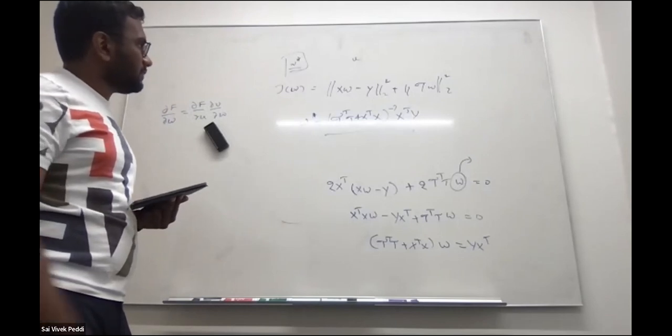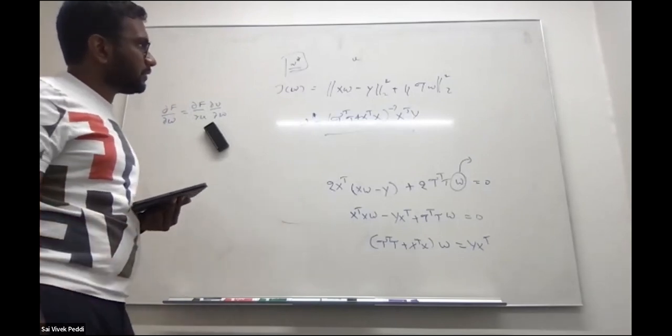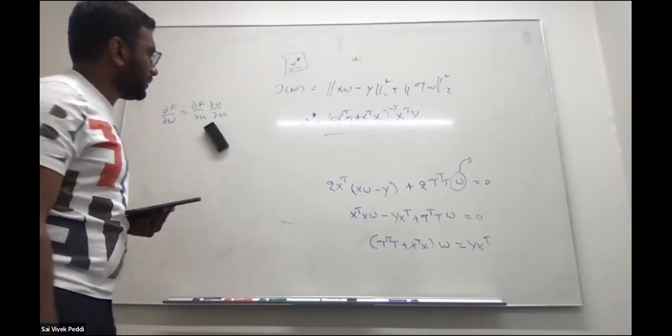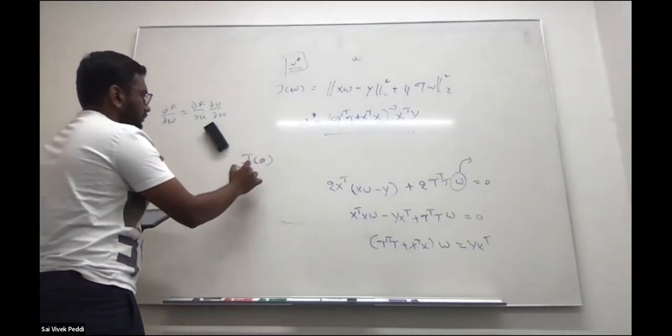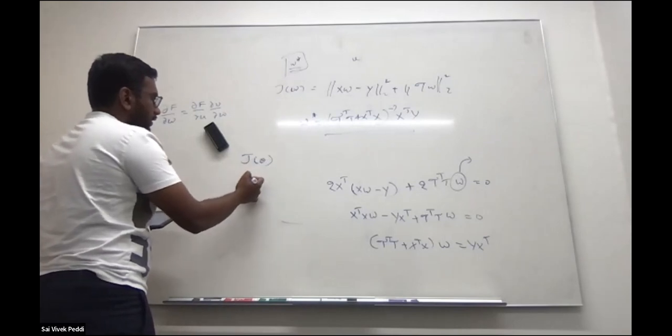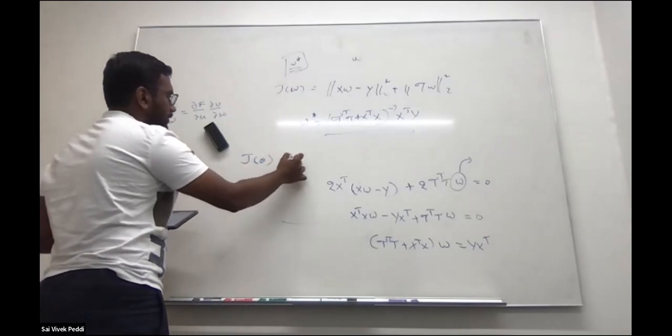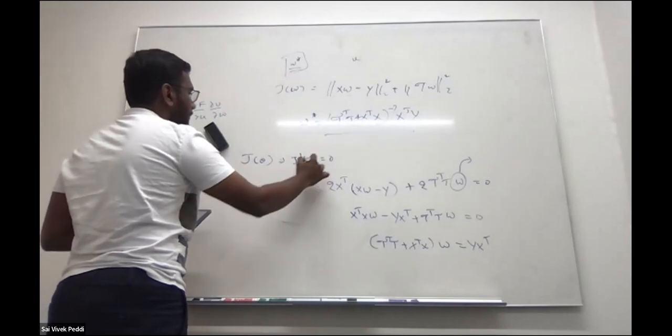So it's basically a very similar concept to what you have learned, a similar optimization problem, where you have a function of theta, g of theta, and you compute j dash of theta, and you equate it to 0.